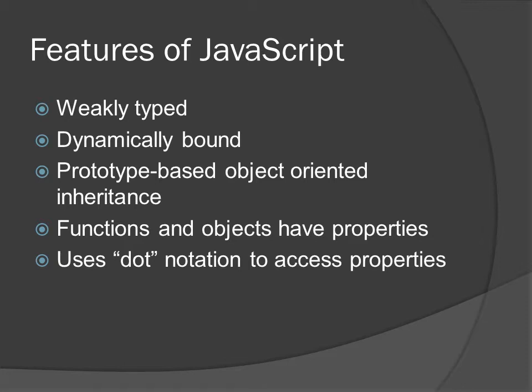This is due to the fact that it is weakly typed, it's dynamically bound, it has prototype-based object-oriented inheritance, its functions and objects have properties, and it uses dot notation to access properties, much as in Java, where o.x, where x would be a property of the o object.